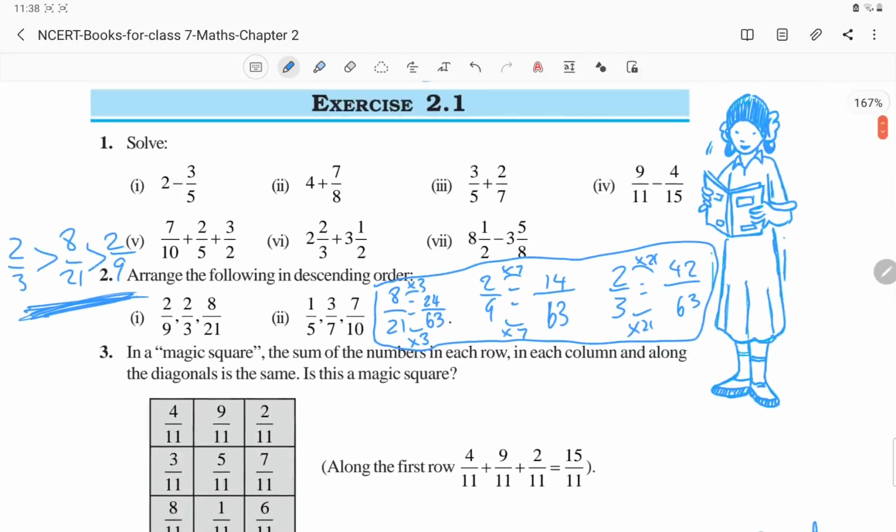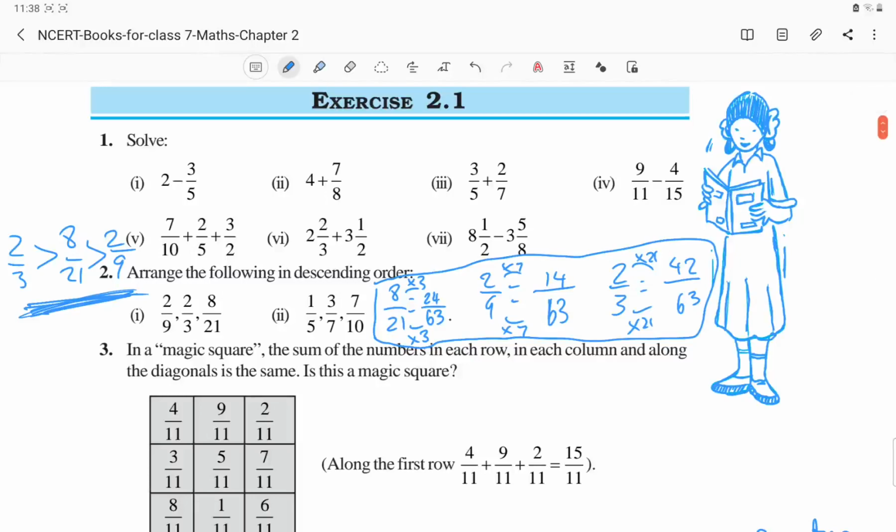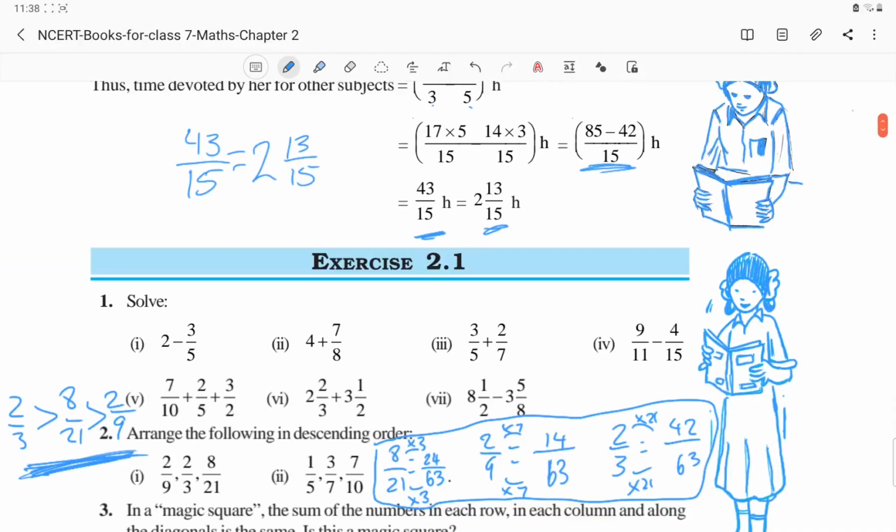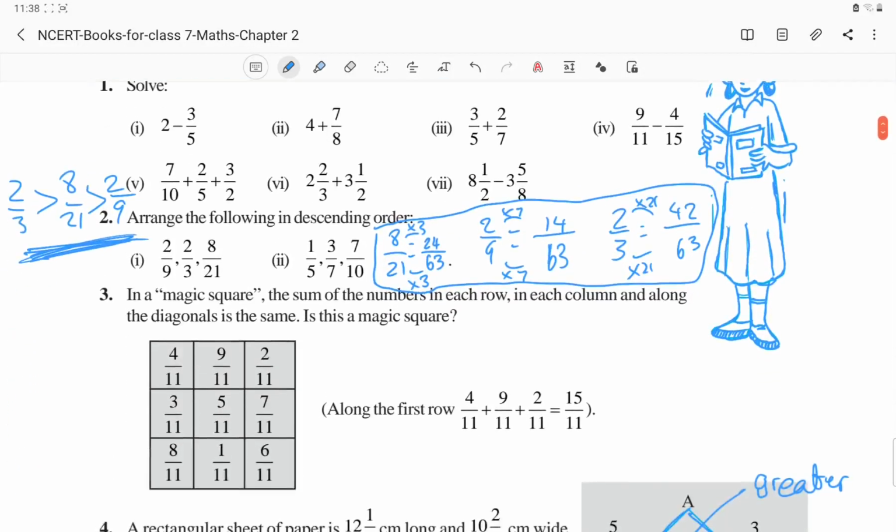Now, on to exercise 2.1. 2 minus 3 by 5. Okay. 2 minus 3 by 5. Well, we did the hard ones just above. Now, what is 2 minus 3 by 5?